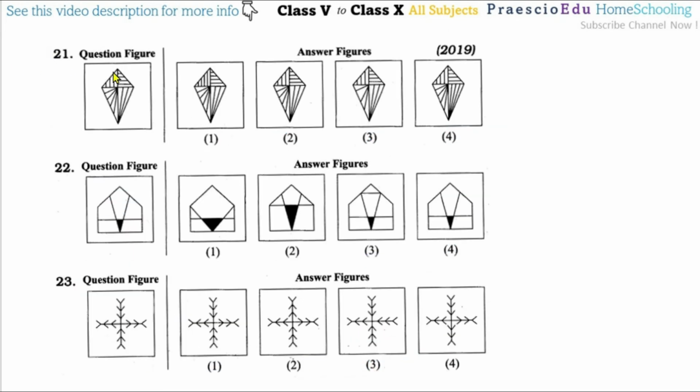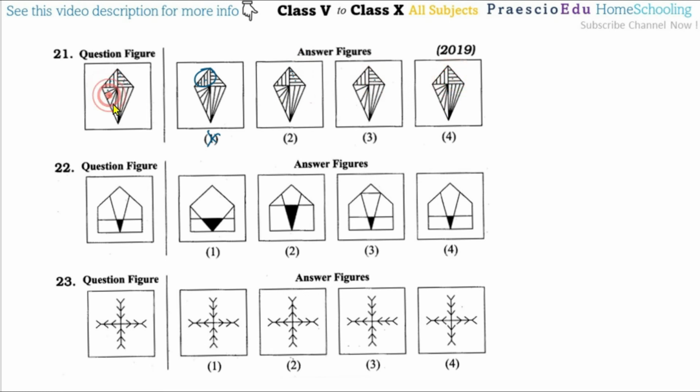Then question number 21. Observe this vertical line and these horizontal lines. The number of lines inside is 1, 2, 3, but here more lines are there, so this is a different one. Here 3, here 3 and here 3. Then 1, 2, 3 and 4 lines are here, and here 1, 2, 3, 4, here 1, 2, 3, 4, all are the same.